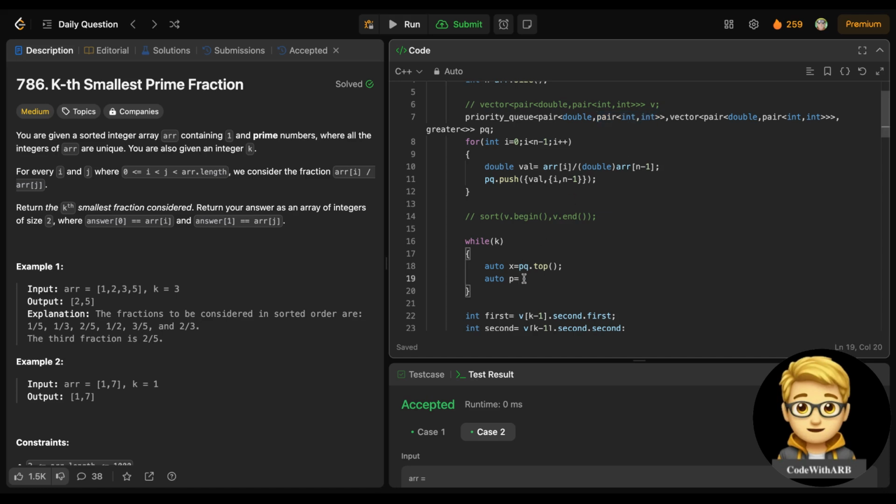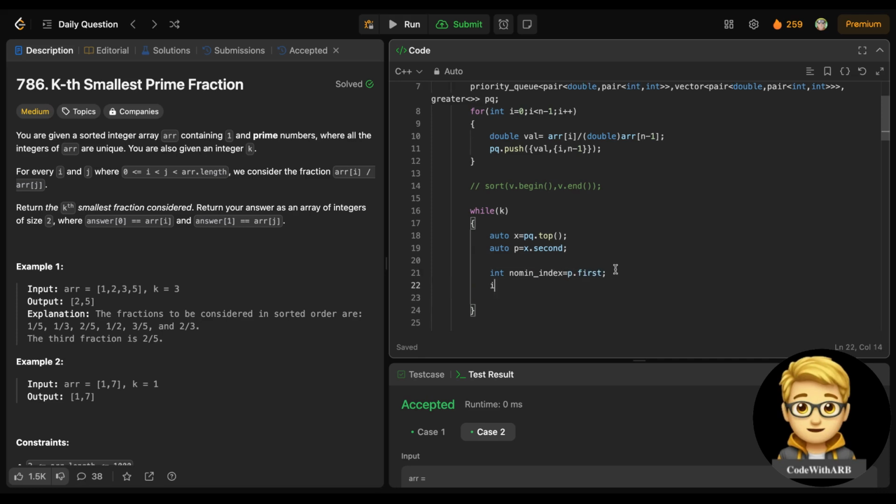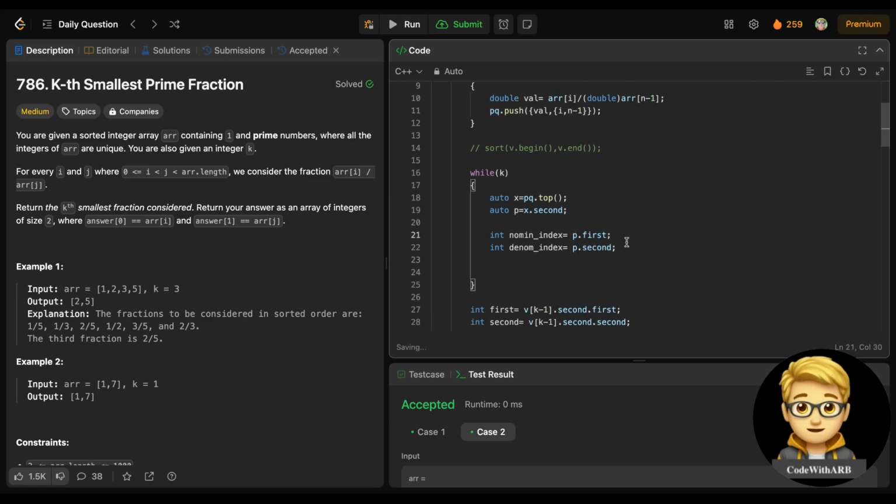So x dot second will be the pair index, right? And the first will be the numerator index, and the second will be the denominator index, right?